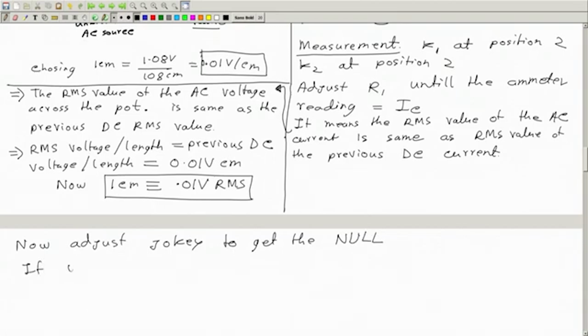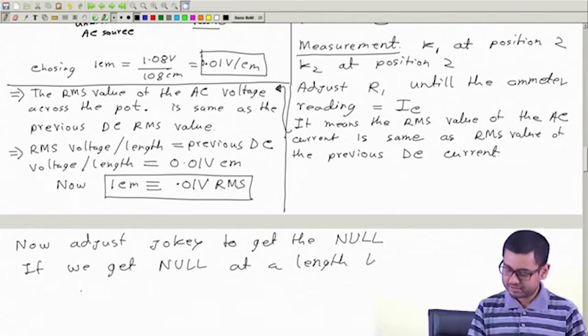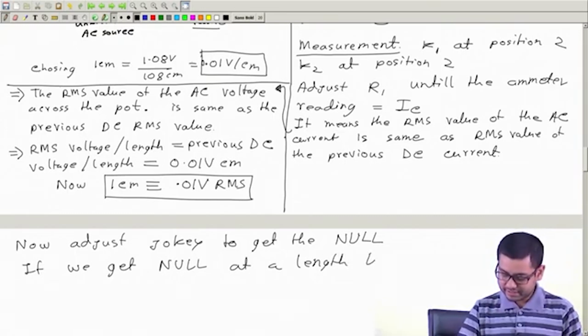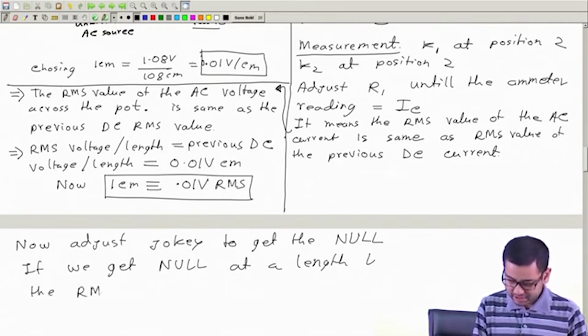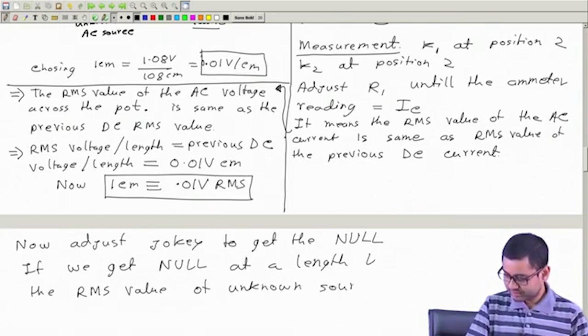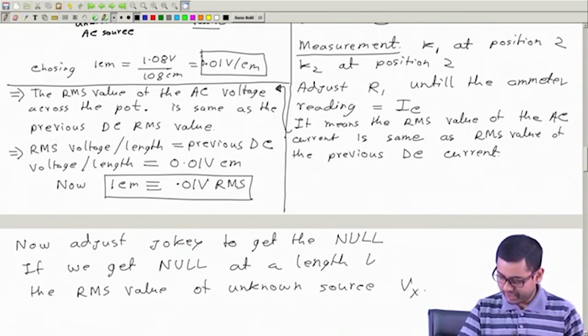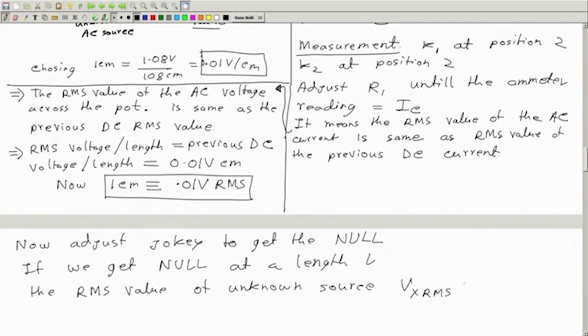If we get the null at a length L from the left side, then the RMS value of the unknown source, which is Vx RMS, will be same as this length L, if this is L centimeter, multiplied by 0.01 volt RMS.